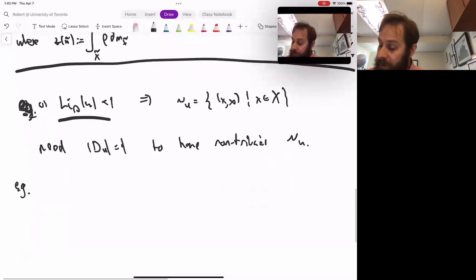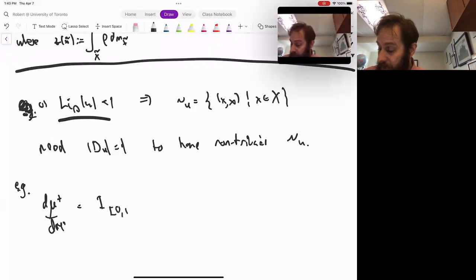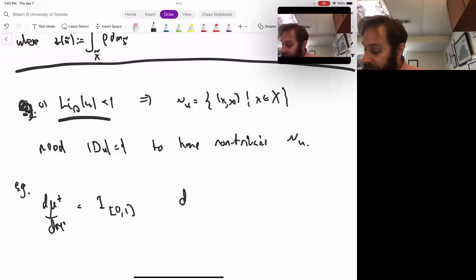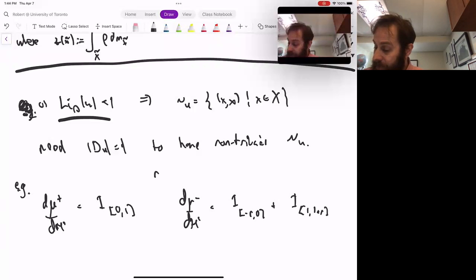And another example is, suppose I want to do optimal transportation and I have a measure on the real line. The density of the source is going to be, say, the characteristic function of the unit interval, and the density of the target is maybe the characteristic function of the interval minus r to 0 plus the characteristic function of the interval 1 to 1 plus r. So r should be between 0 and 1 here.